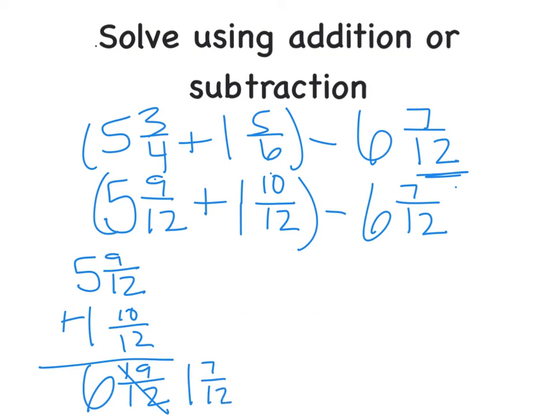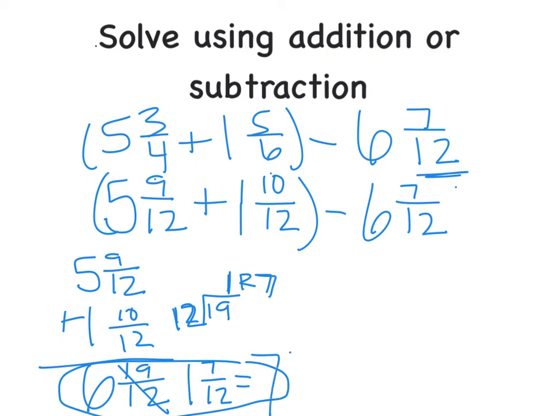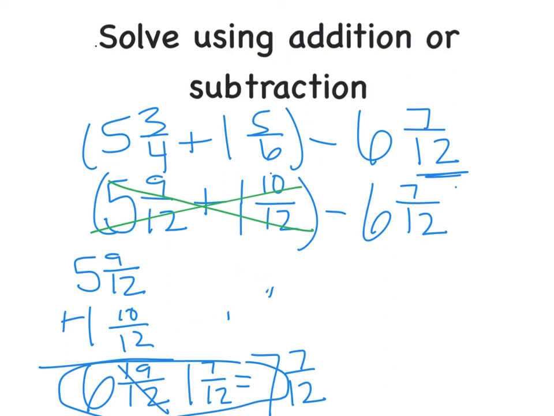So 19/12 is the same as 1 7/12. You could also divide 19 divided by 12 and get 1 remainder 7, which is 1 7/12. So I have 6 and 1 7/12, which equals 7 7/12. So this first parentheses equals 7 7/12.